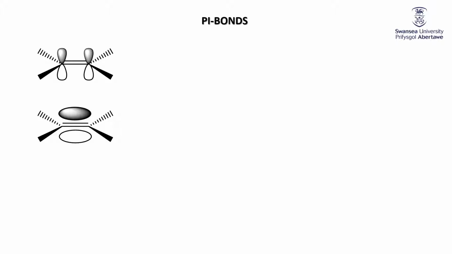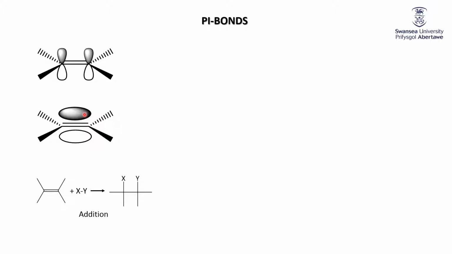Now this determines the reactivity of this carbon-carbon double bond, because here you've got lots and lots of electrons, and of course electrons attract positive things, and so positive things can come in and attack that carbon-carbon double bond to make a so-called addition reaction.